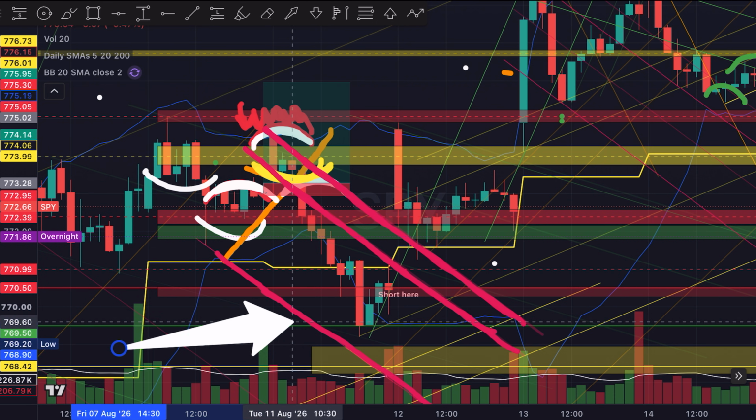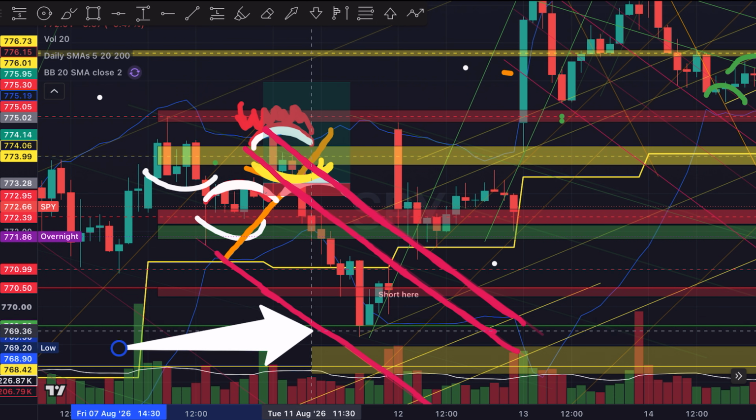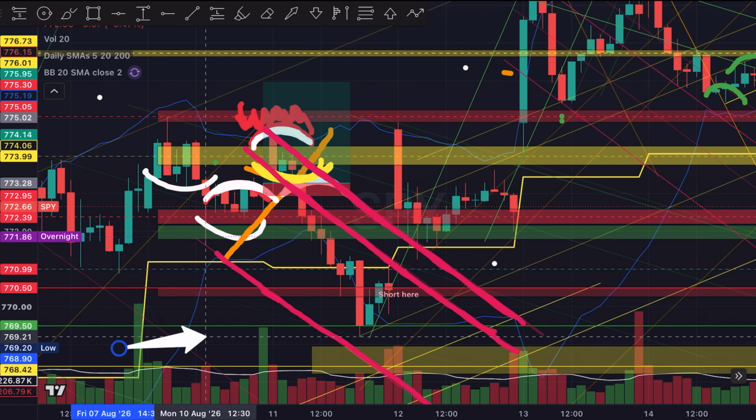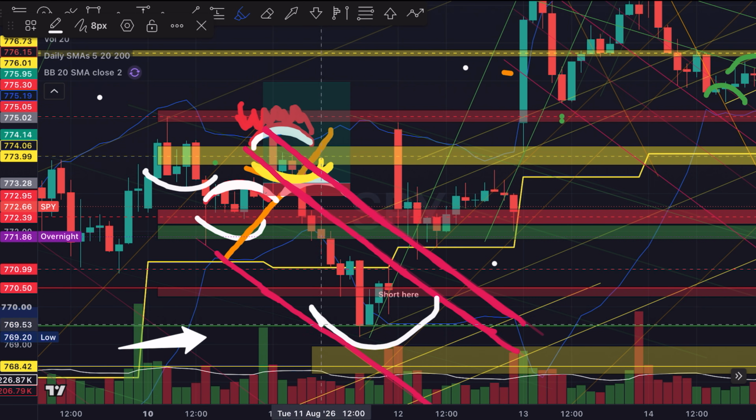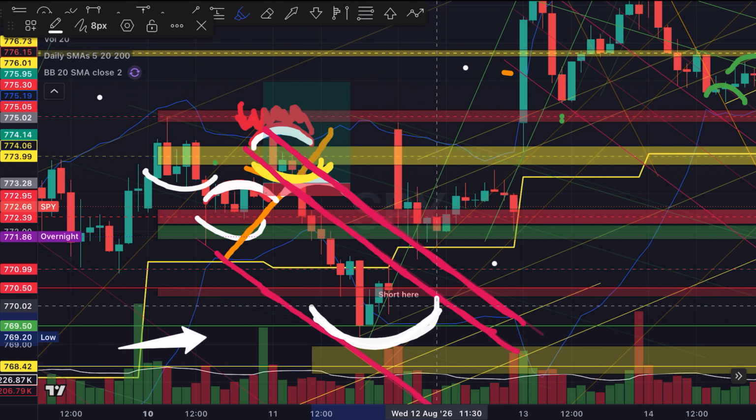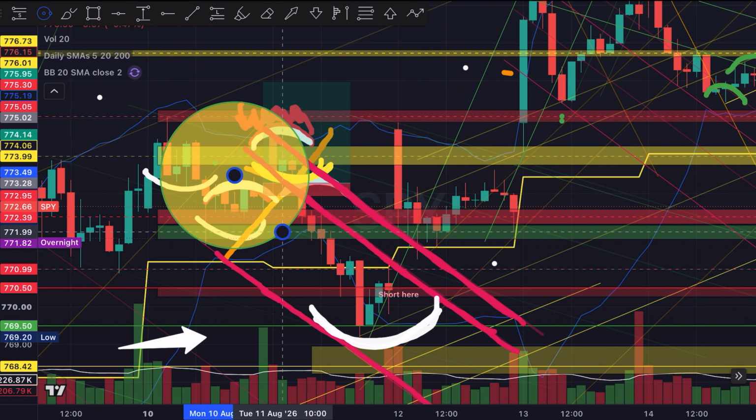But all the market did was come back to a support level, right? And this can be identified as a head, right? So we know that this is a head, and everything over here is our left shoulder.